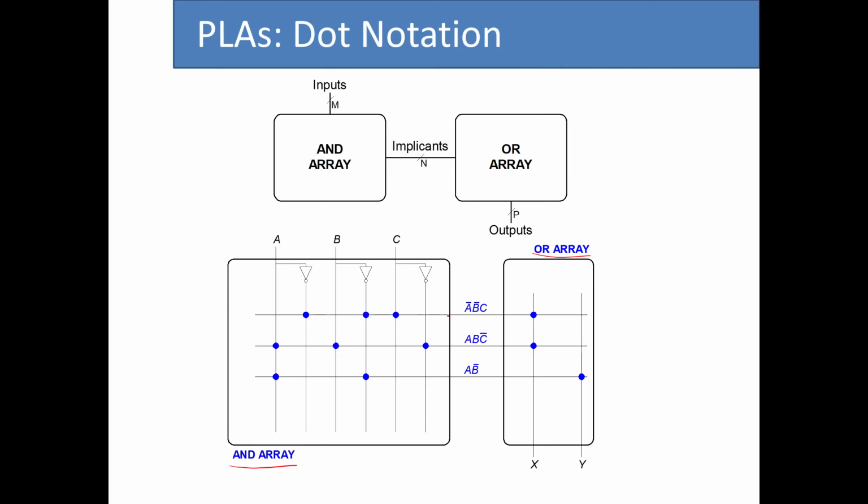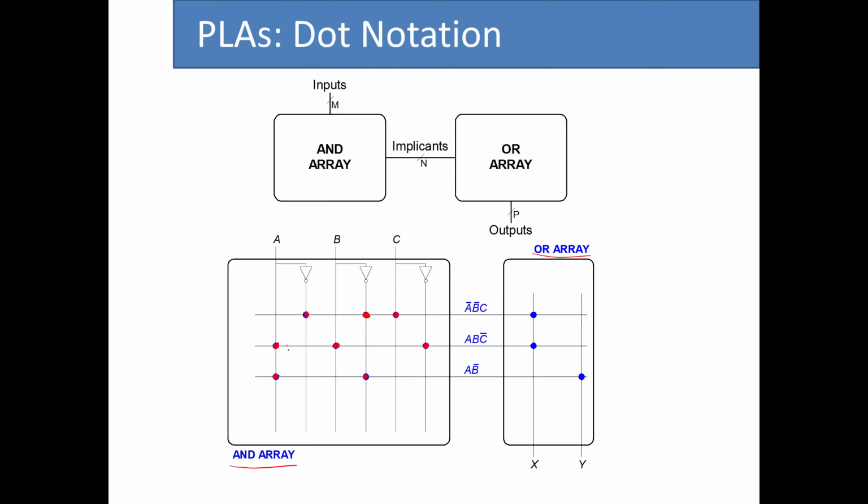This is how I can create a bar b bar c without actually showing the AND gate. I simply draw a horizontal line and put 3 dots in the locations of a bar, b bar, and c. I do the same for a, b, c bar too, and also for a, b bar.